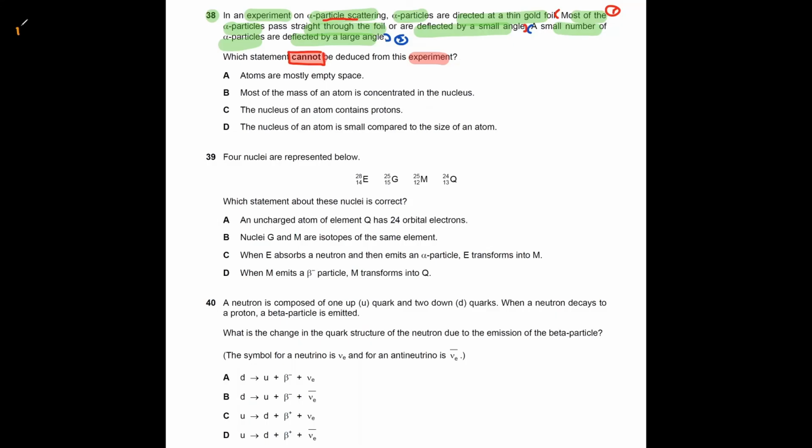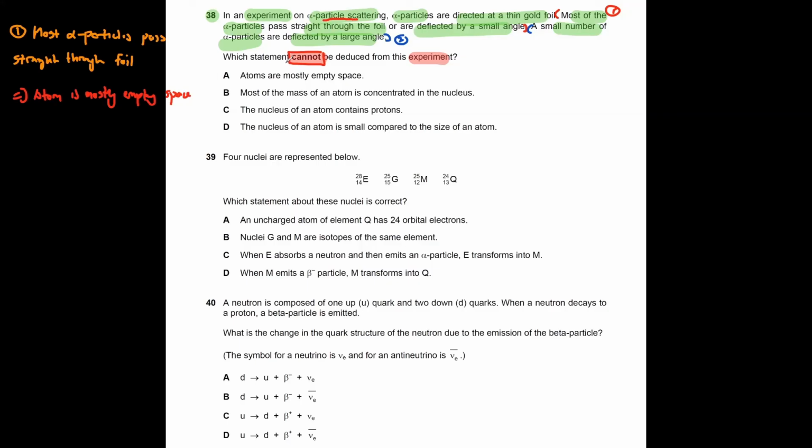The first one being most alpha particles pass straight through the foil. The conclusion that you will be able to get from this is that the atom is mostly empty space. This is the first conclusion.